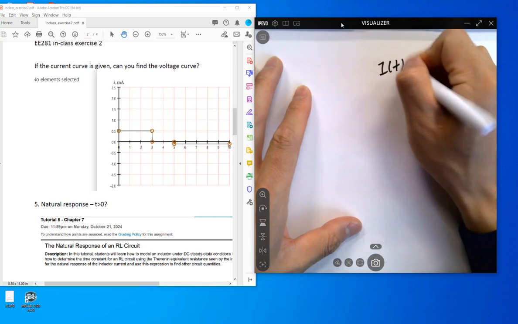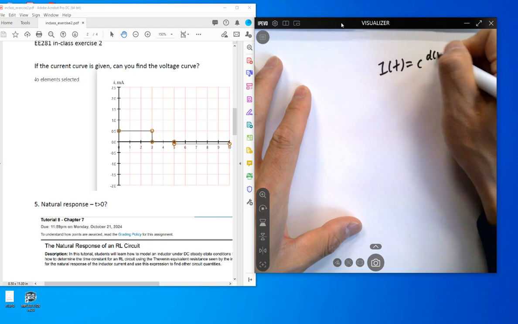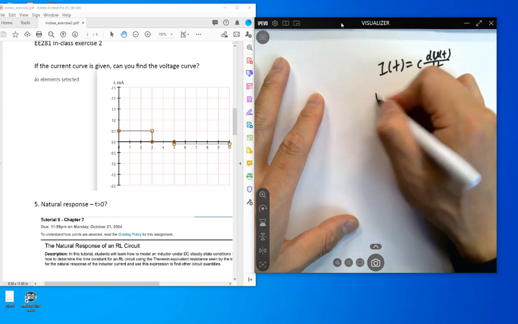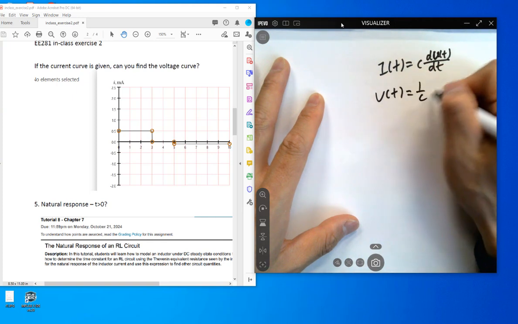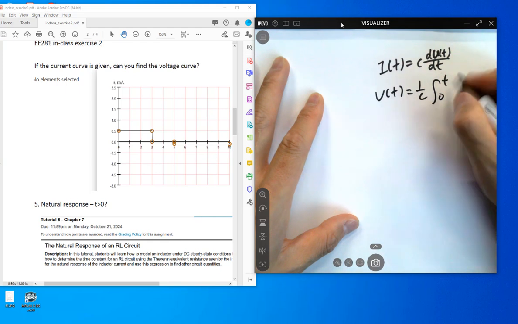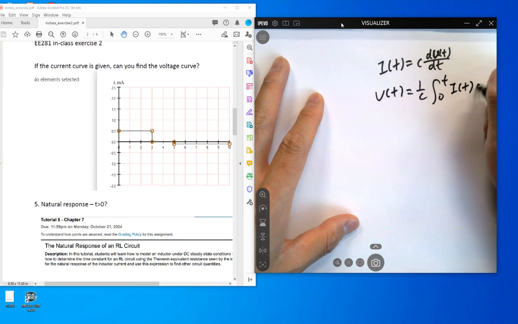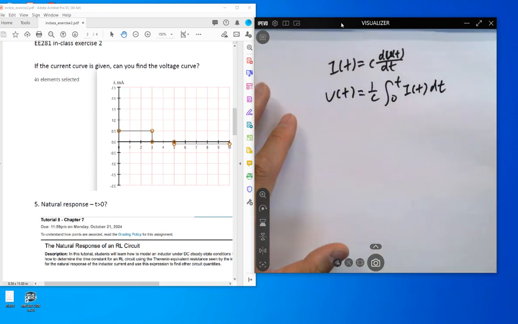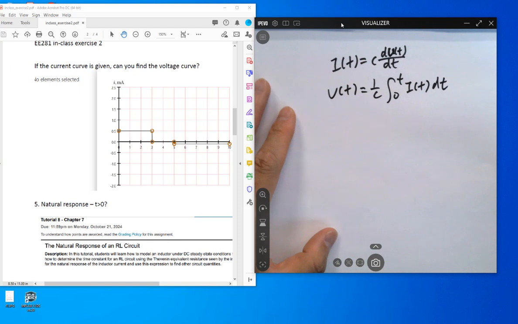i(t) equals C dv(t)/dt. v(t) equals 1 over C, integral from 0 to t of i(t) dt. Okay? What is given? i. What is it asking for? v.